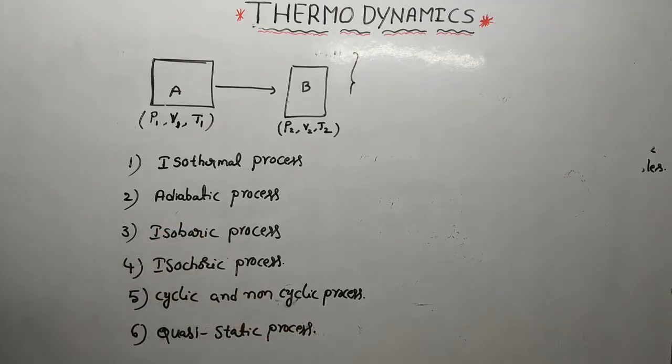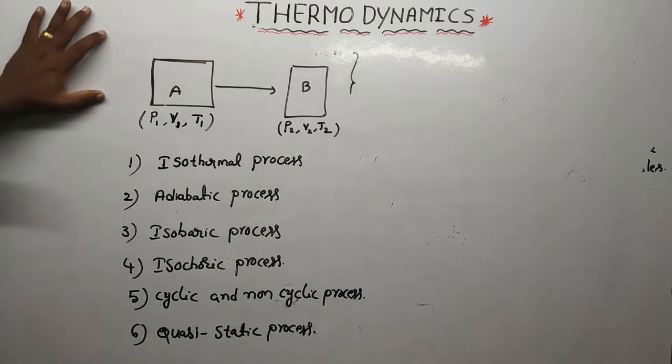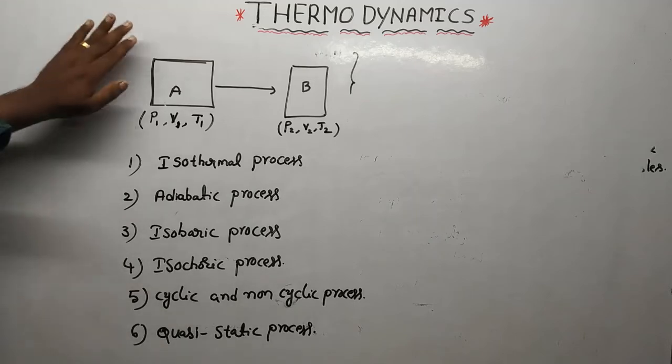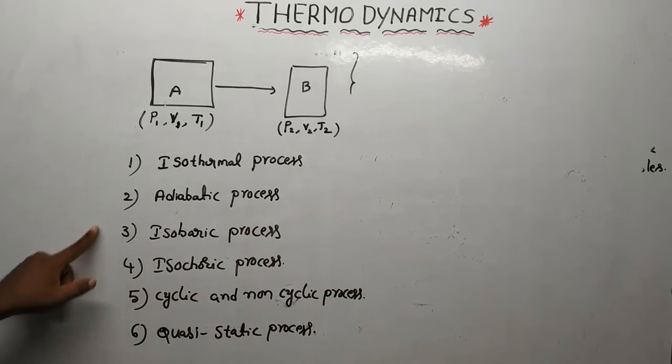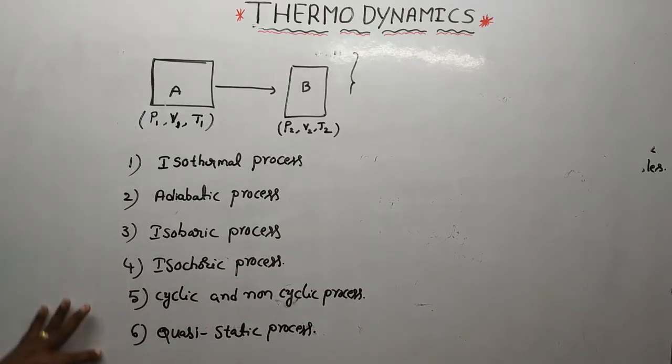These are the 6 processes in thermodynamic systems. The thermodynamic system changes from one state to another state by using one of these processes.